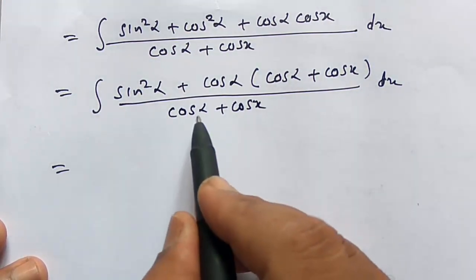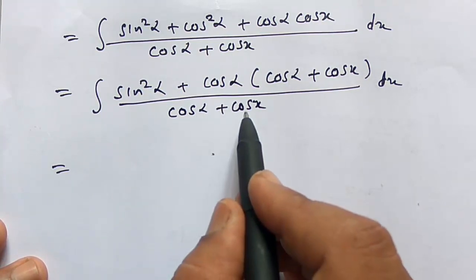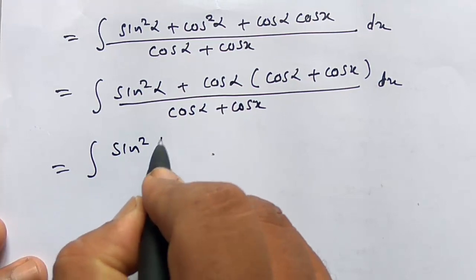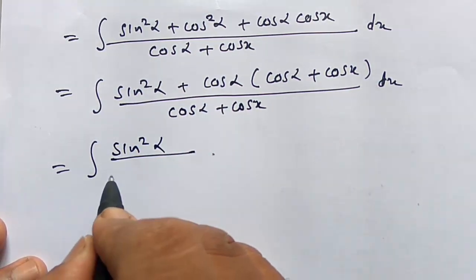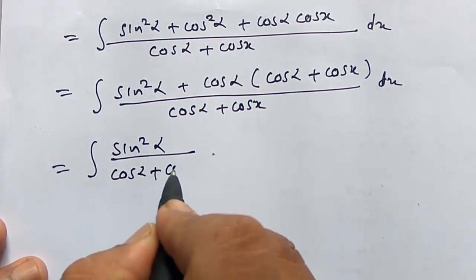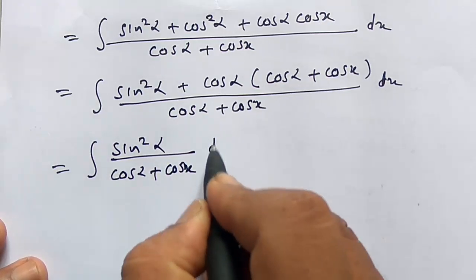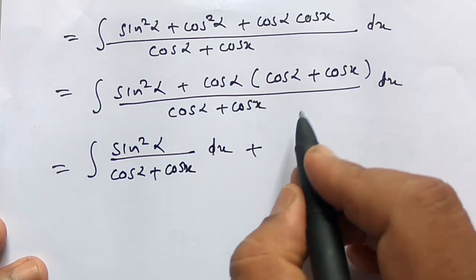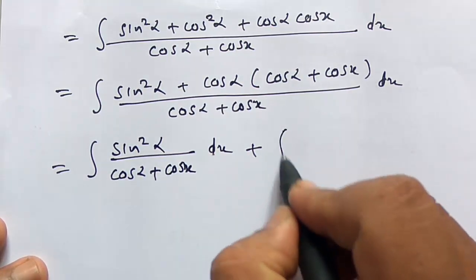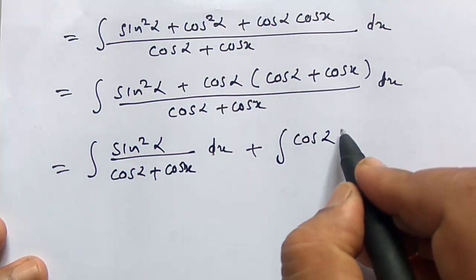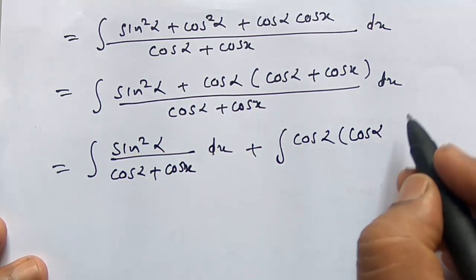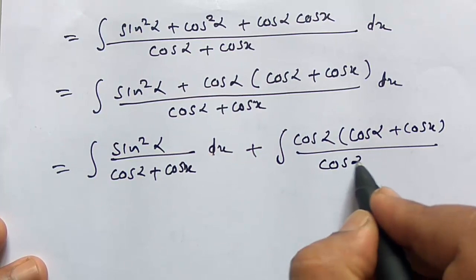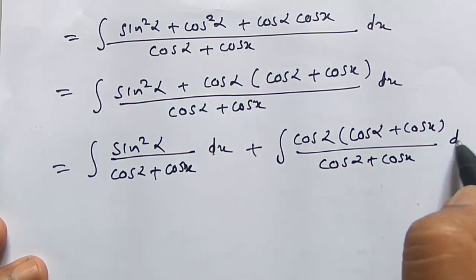Now dividing each term, it is sin square alpha upon cos alpha plus cos x dx plus cos alpha into bracket (cos alpha plus cos x) upon (cos alpha plus cos x) dx.